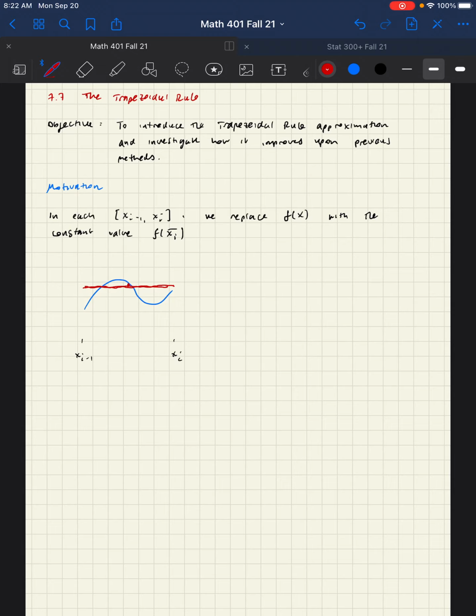So instead of whatever intricacies the original function has, we're approximating it by just a straight line by taking the function value at the midpoint, where this is the midpoint. And that's what the midpoint rule does.